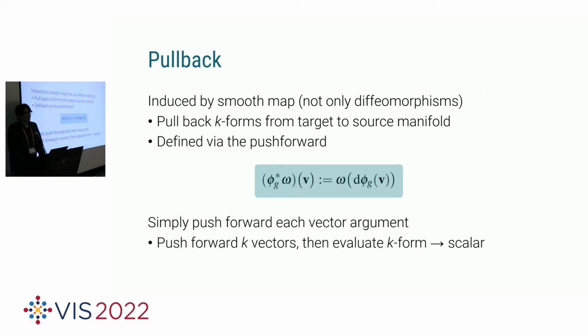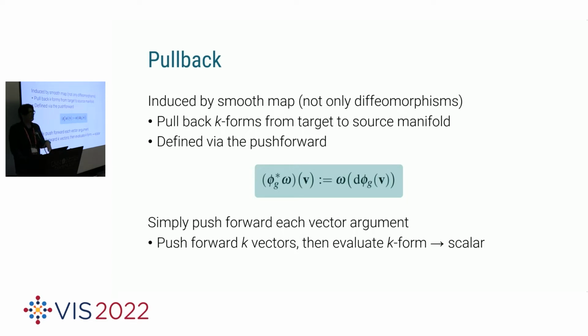There's another construction, the pullback, that is very similar in a sense. It also maps from one tangent space to another tangent space, or actually I should say from a one-form space to a one-form space. So in the first session we have seen what one-forms are, and now we also can define mappings for these one-forms that directly follow from the diffeomorphism.